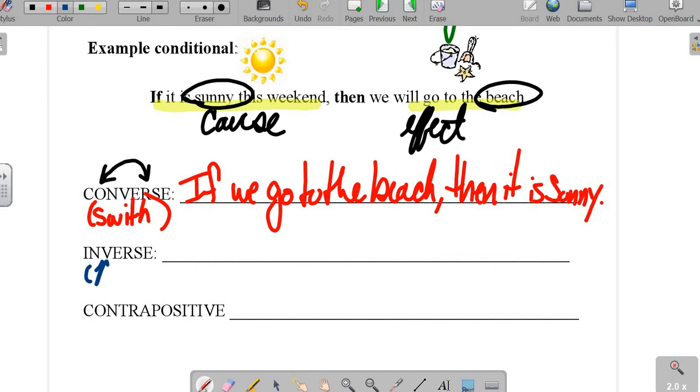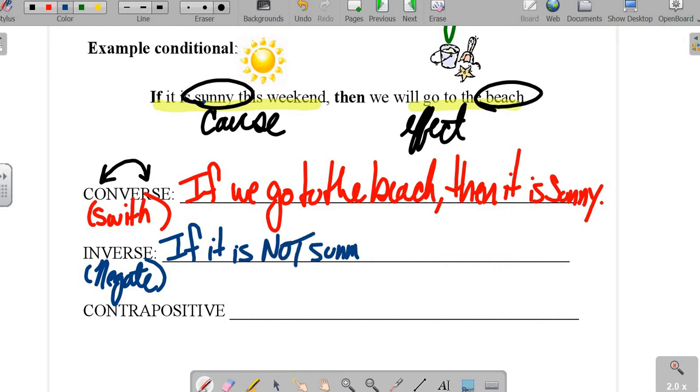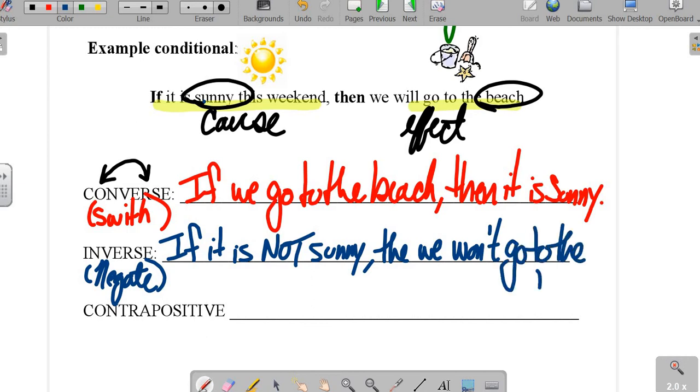Inverse, you negate, which means to say the opposite of. So, sunny, beach. If it is not sunny, then we won't go to the beach. Notice we kept the order.